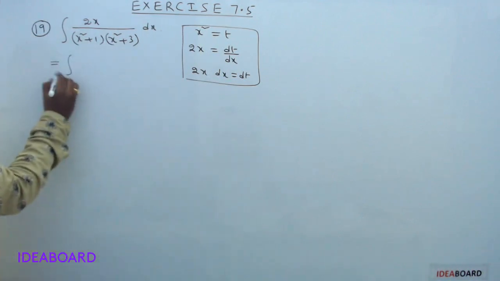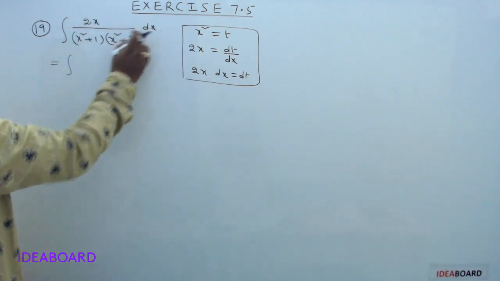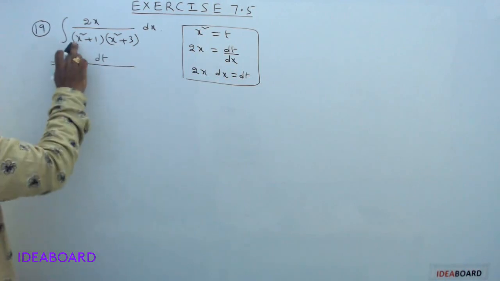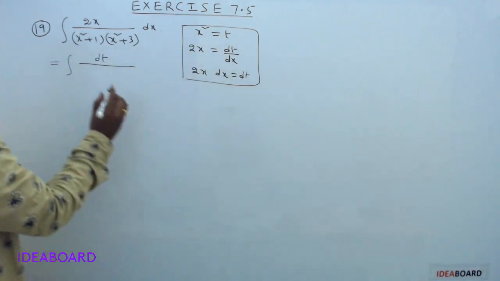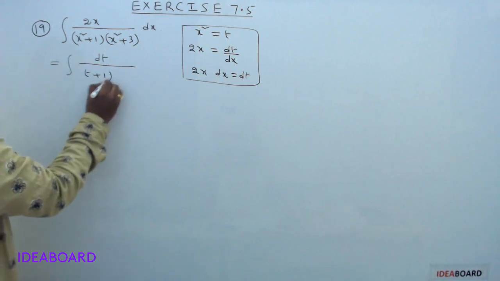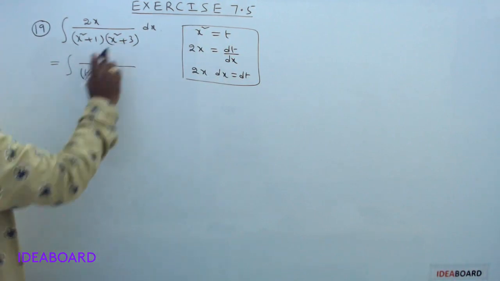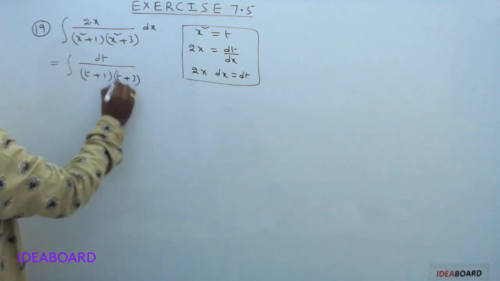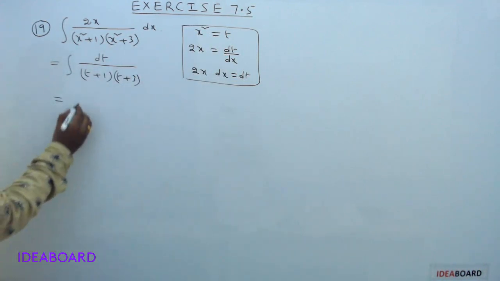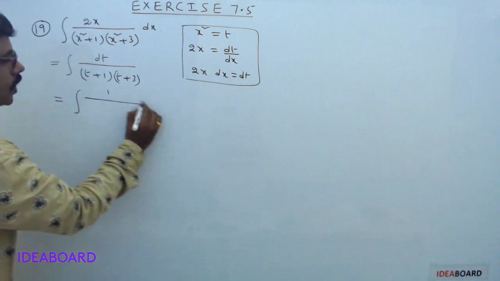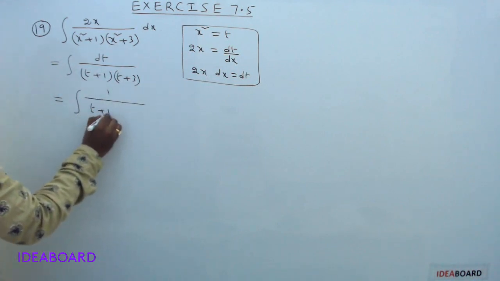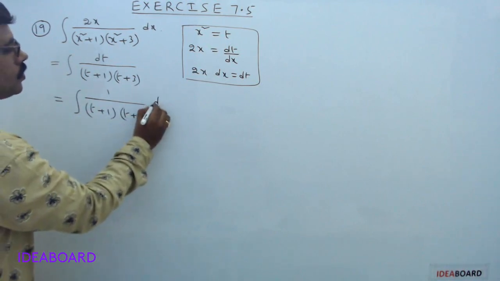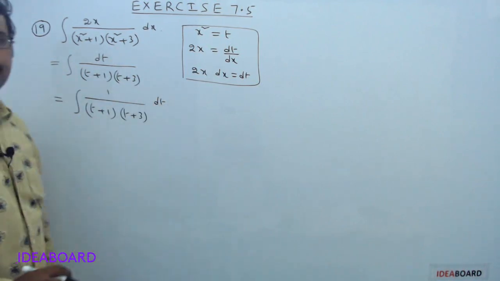Now here it is integral of 2x into dx, that is nothing but dt divided by x square plus 1, x square is t, so t plus 1, and x square plus 3, x square is t, so t plus 3. It can be taken as integral 1 divided by (t plus 1) into (t plus 3) into dt.